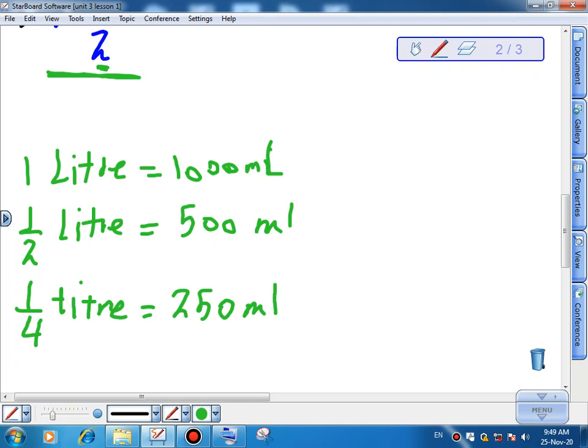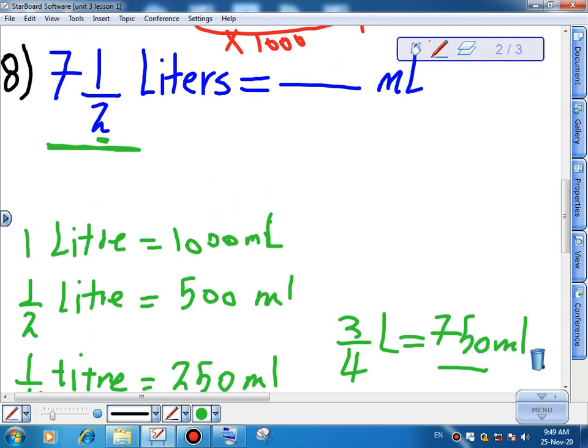And the last one, 3/4 of liter, we have 750 milliliter. So if I need to save this in your mind, 1 equals 1,000, half equals 500, quarter equals 250, 3/4 equals 750.